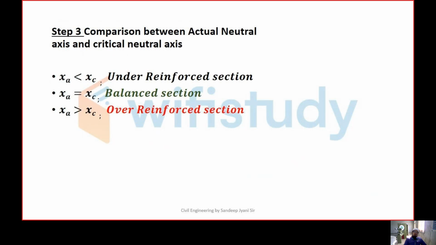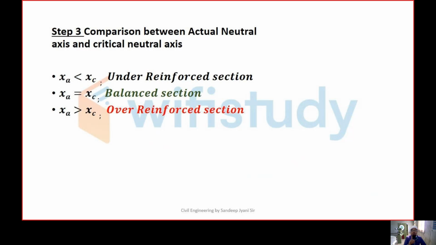And coming to the comparison between the actual neutral axis and critical neutral axis. Based on this comparison, there are three types of reinforced sections, that is under reinforced, balanced and over reinforced sections. In an under reinforced section, the actual neutral axis will lie above the critical depth of neutral axis. That means the actual depth will not exceed the critical depth of neutral axis.